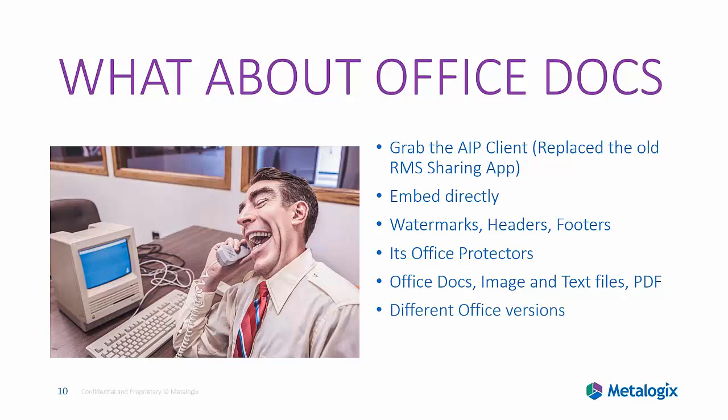Bearing in mind that there are different Office versions, so from Office 2007 up, and I think Office 2003 was still your doc and your XLS and your PPTs. It's only when Microsoft started working with an open document format, I think, that they subscribed to that. So here's a nice trick for you working with anything older than Office 2003 versions of documents.